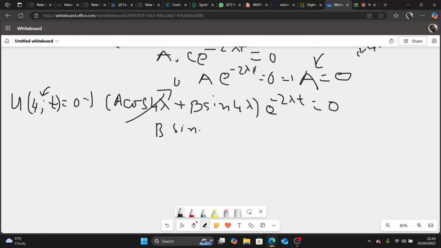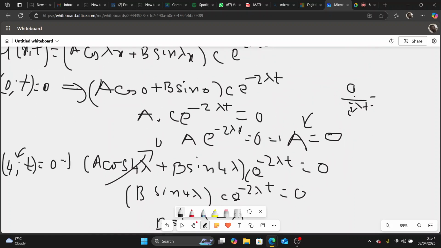B sine 4 lambda, multiplied by whatever constant is here, let's call it c, c exponential minus 2 lambda t equal to 0. Do you agree that I can write b sine lambda x, sine lambda to be equal to 0? Remember, this thing will divide 0, just like here.